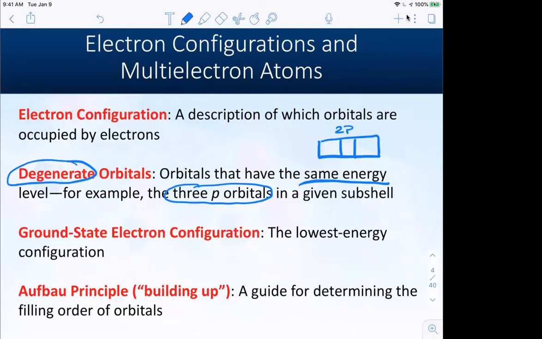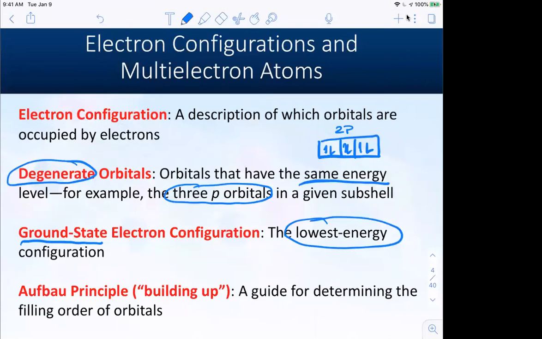And then I can populate with electrons as I fill up that subshell. My ground state electron configuration is going to be the lowest energy. That's typically what I get if I just take the regular atomic number and populate all the orbitals in order of lowest energy to highest energy: I end up with the ground state electron configuration.